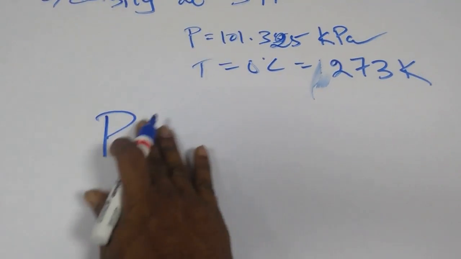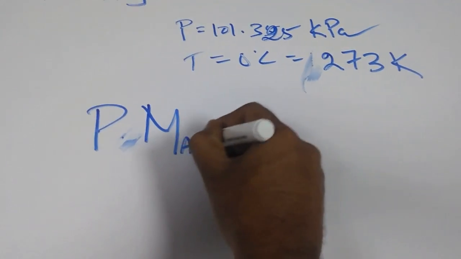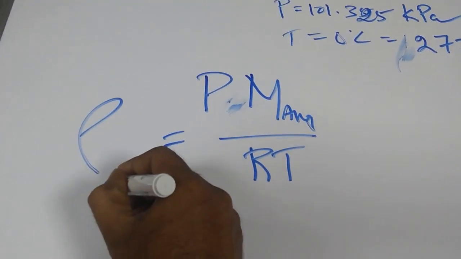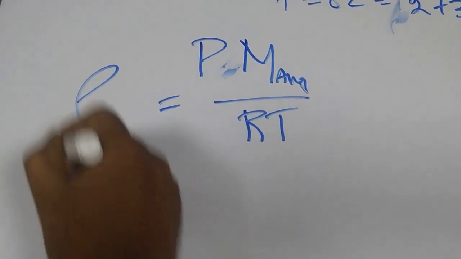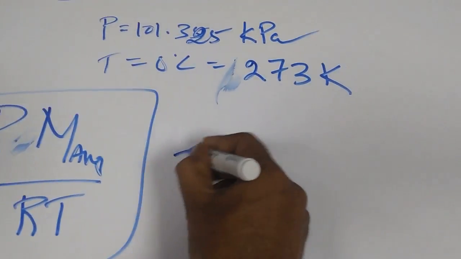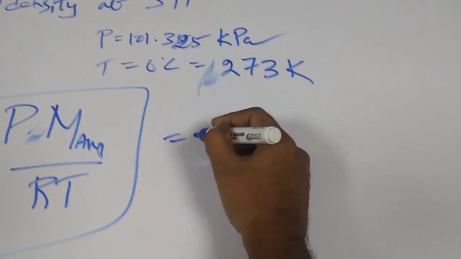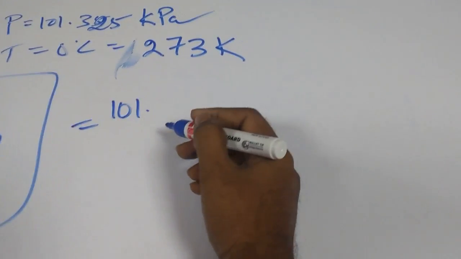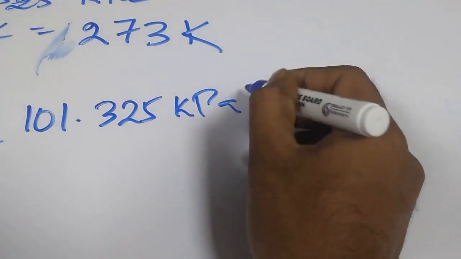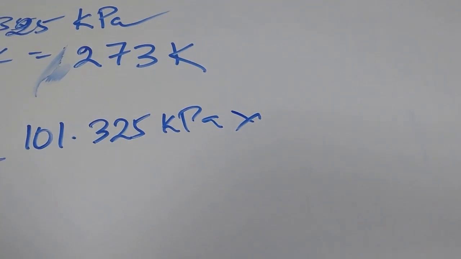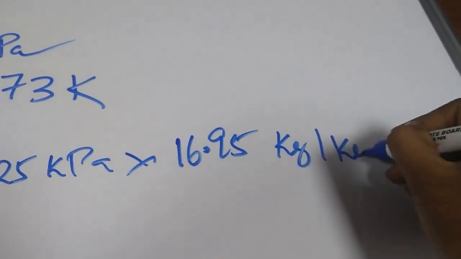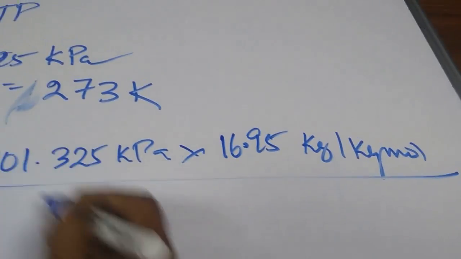Density is equal to Pm by RT. So density of the mixture at STP condition formula is Pm by RT. Substituting the values, P is 101.325 kilopascal, multiplying by average molecular weight 16.95 kg per kg mole, right?